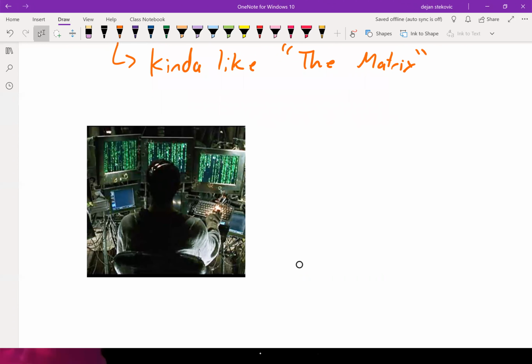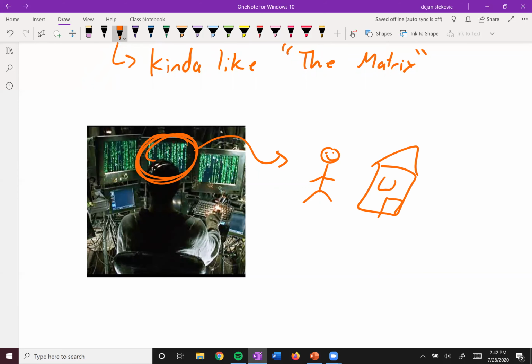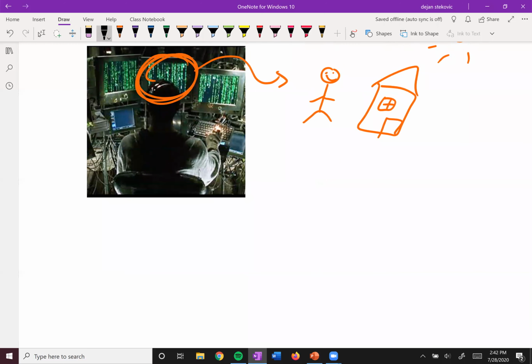And so what he's doing here is he's looking at a bunch of code on this computer, all these kinds of lines and letters. But what he's really seeing is what's going on. There's a simulation of a person, maybe the person is next to a house or something, and it's bright and sunny out there. Just how this Matrix guy looks at this code and sees this kind of real life scenario.